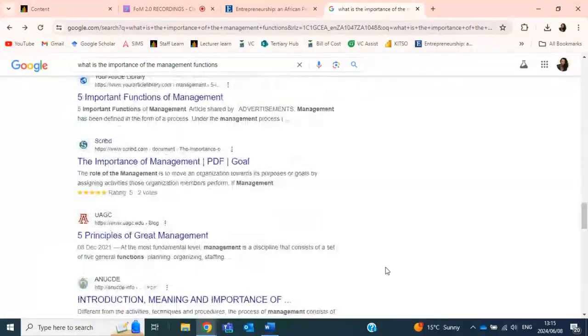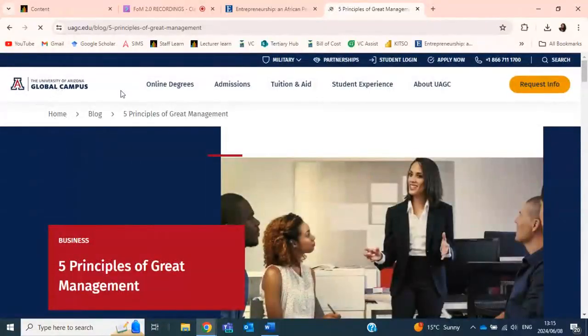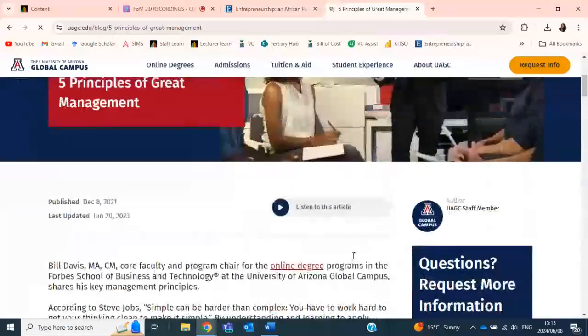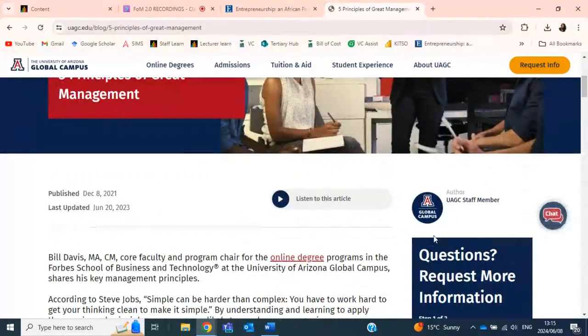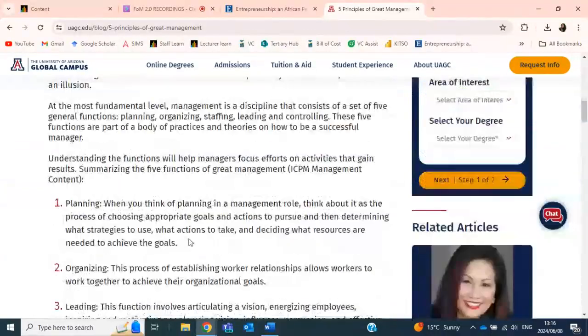And you see things like 5 principles of great management. I like this one, and this is educational, it's the University of Arizona. As much as it doesn't have an author, it does have a date, and it just says UACG staff member. They say the 5 principles of great management.